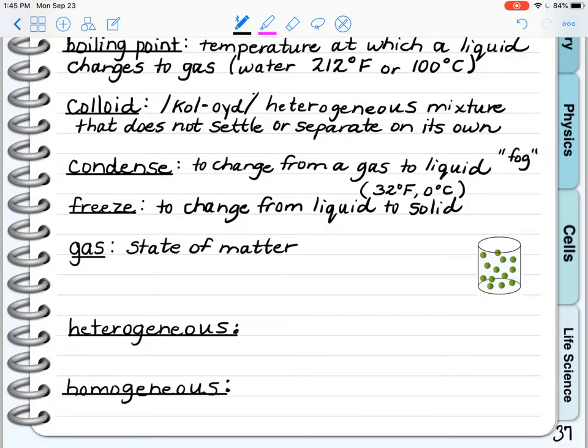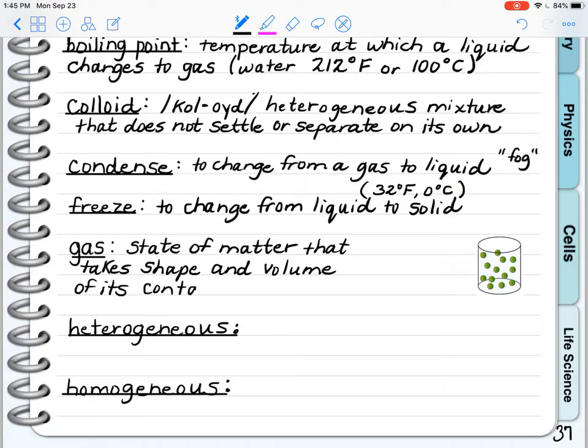Yes. It is the state of matter that takes the shape and volume of its container. And I've given you a picture so this will be a little more clear. And let's just zoom in.